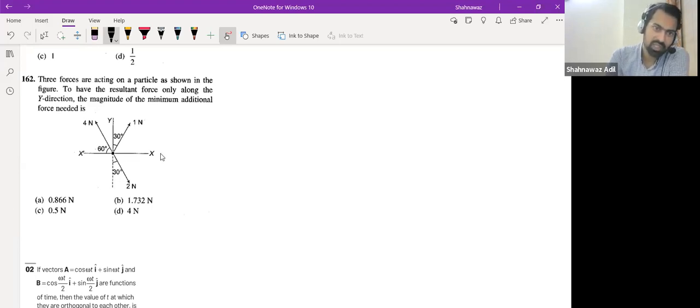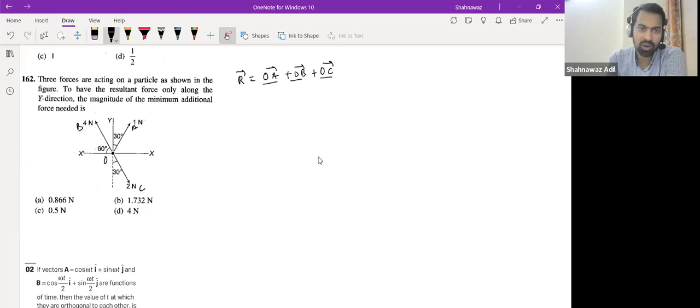So first we need to calculate, let's say that this is O, A, B, C. So the resultant would be OA plus OB plus OC, right? To calculate OA, OB, OC, we have to resolve them first, right?